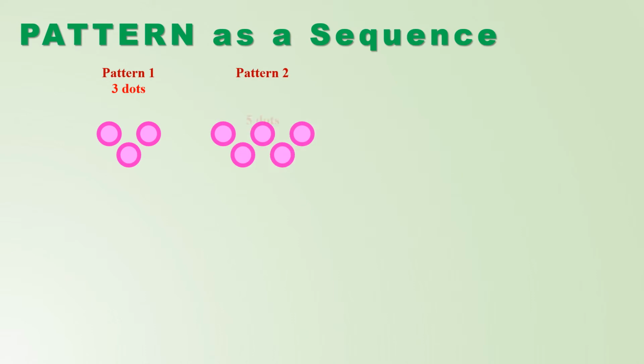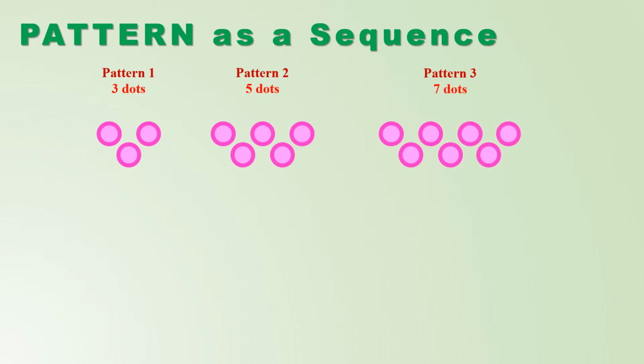Now we see some patterns as a sequence. That means we can create beautiful designs using sequence. Here we take a simple pattern in which the first pattern has 3 dots, the second pattern has 5 dots, and the third pattern has 7 dots.